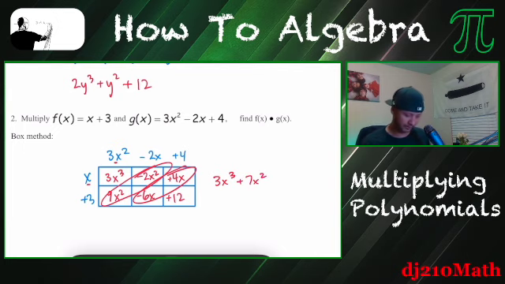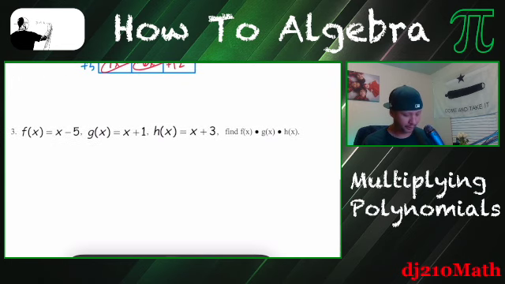The x's, so negative 6x plus 4x, negative 2x. And then the last one is just the constant, plus 12. So some people like this method. It takes a while, but it's just as effective. So that's the box method.